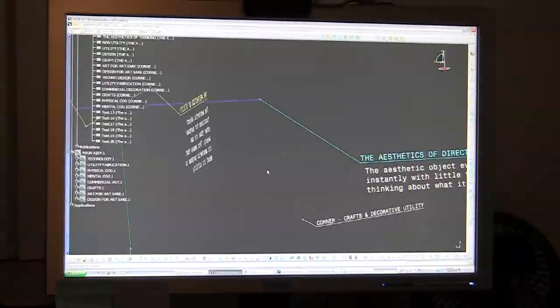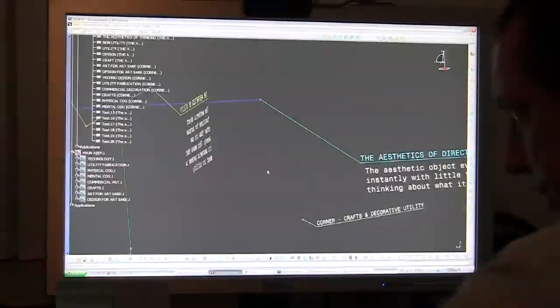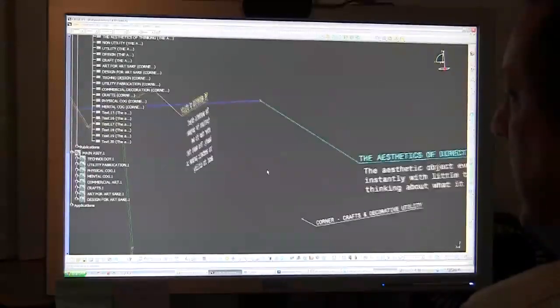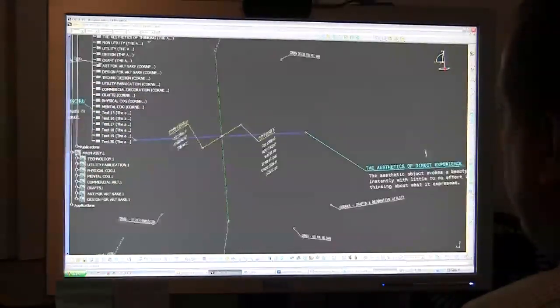Or everybody's familiar with Beethoven's Fifth. That's just pretty direct. It doesn't require much thinking. Although then you can go into thinking about the design of the piece, how it was put together, and what it means. So at that end you have the direct experience.